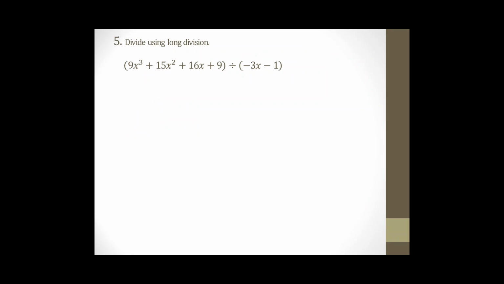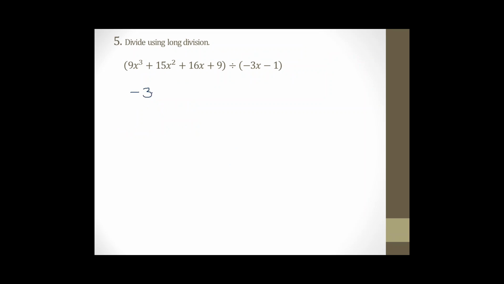Dividing using long division. Okay, so long division is actually fun if you know the steps that you have to take to get to your solution. So first of all, if you have a long division problem, you should rewrite it to set it up nicely, starting with the second part.